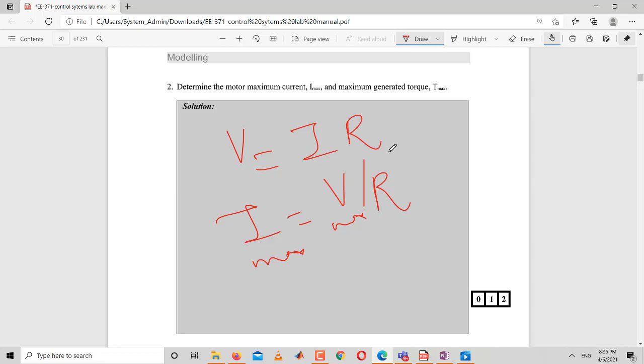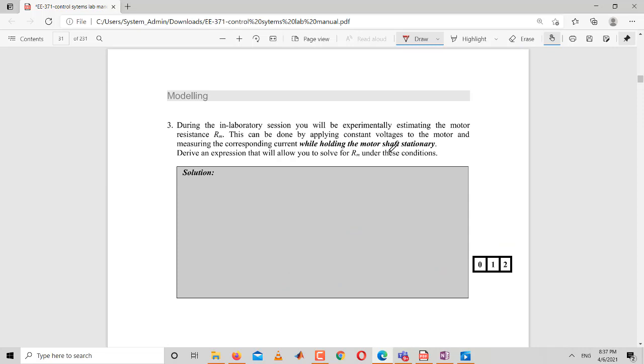And for torque, you know that it is also a very standard relation, torque equals K times i. So put this maximum value of current just calculated from this equation here, and you will have the maximum value of torque.